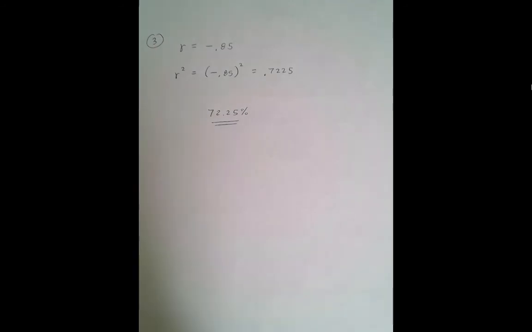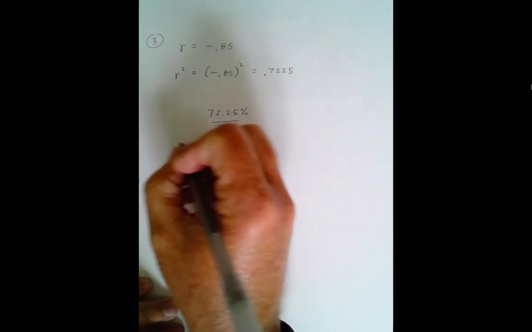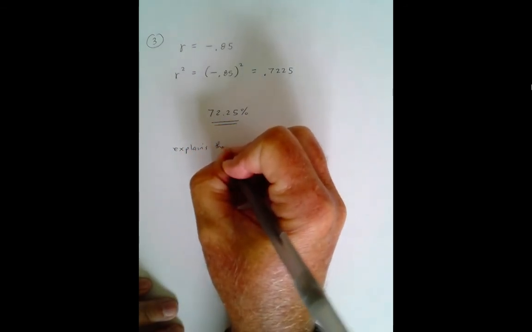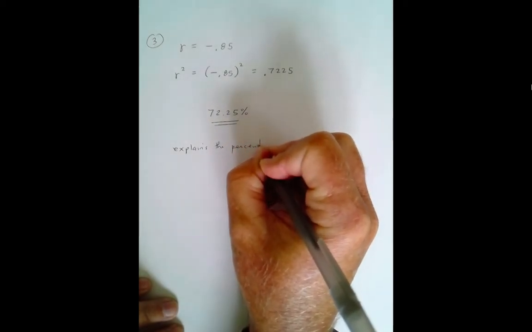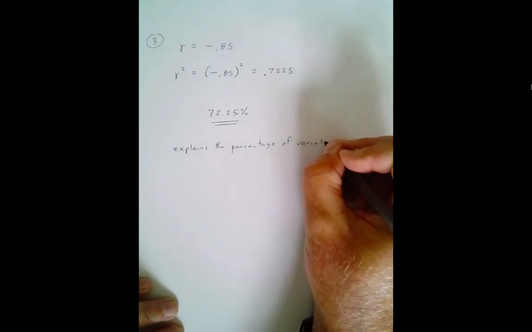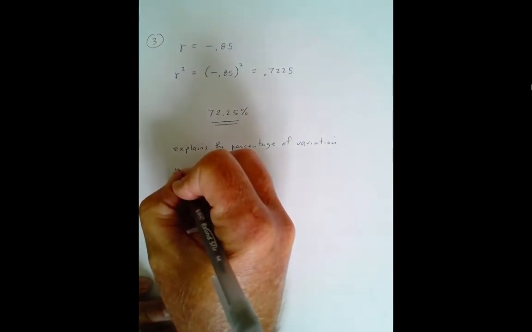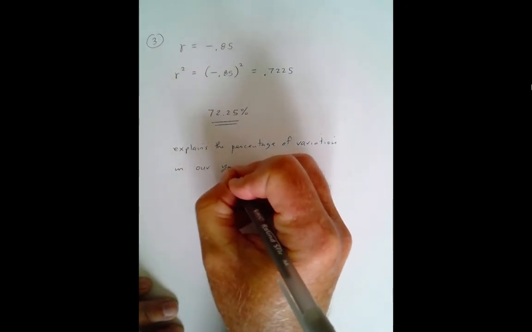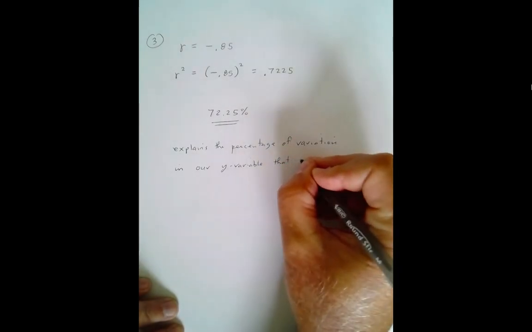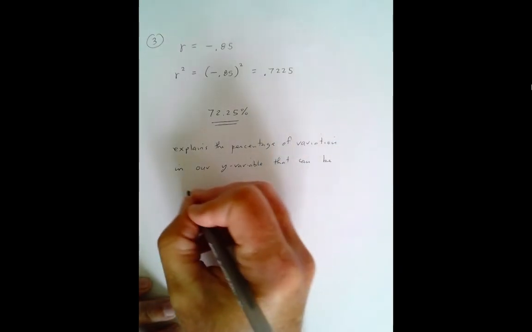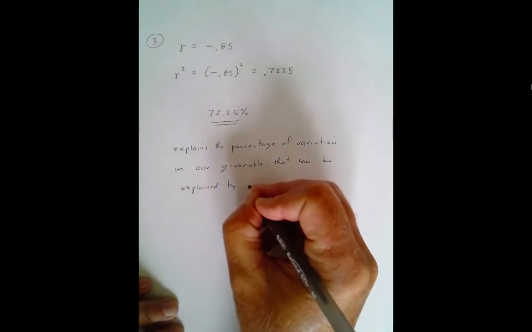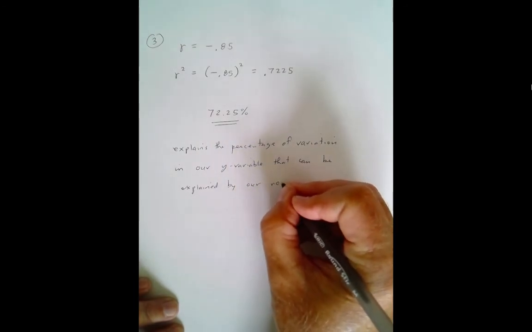Now, what R squared does for us, this explains the percentage of variation in our y variable that can be explained by our regression model.